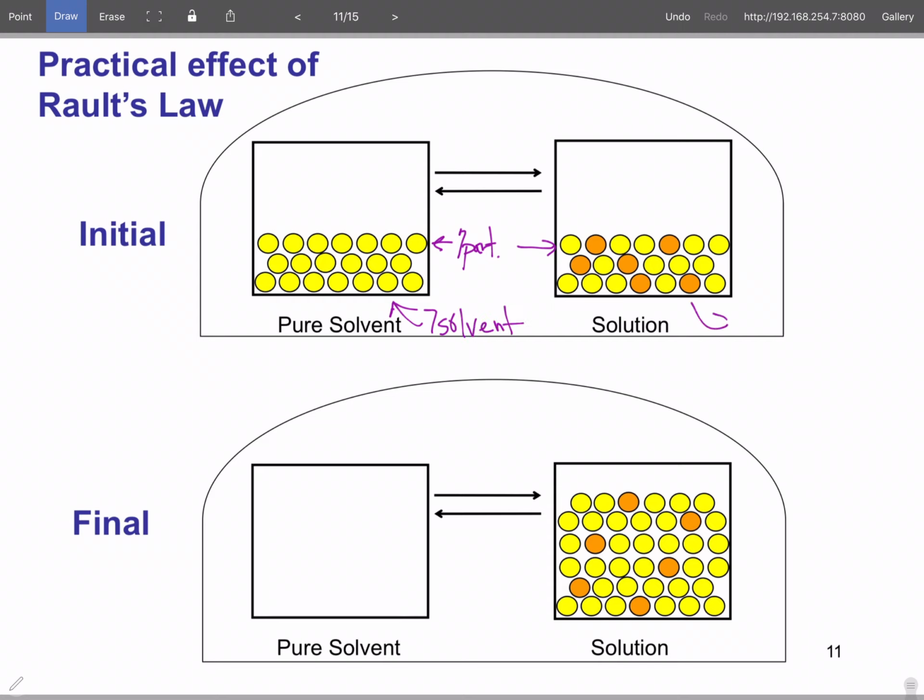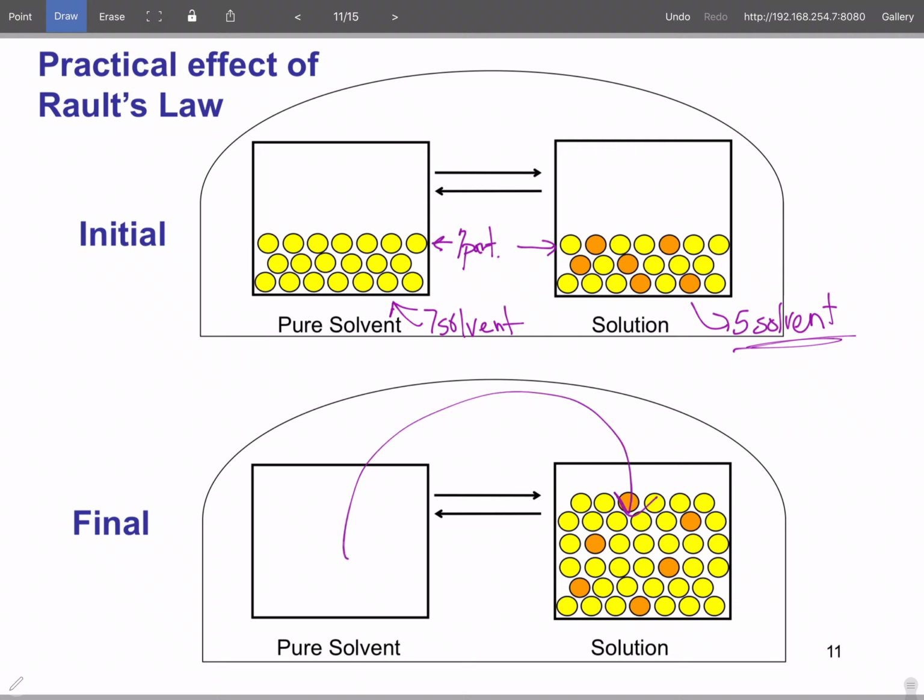On this side, only 1, 2, 3, 4, 5 are solvent. Now, when evaporation occurs, it only occurs with the solvent, and it only occurs with the solvent from the top layer.